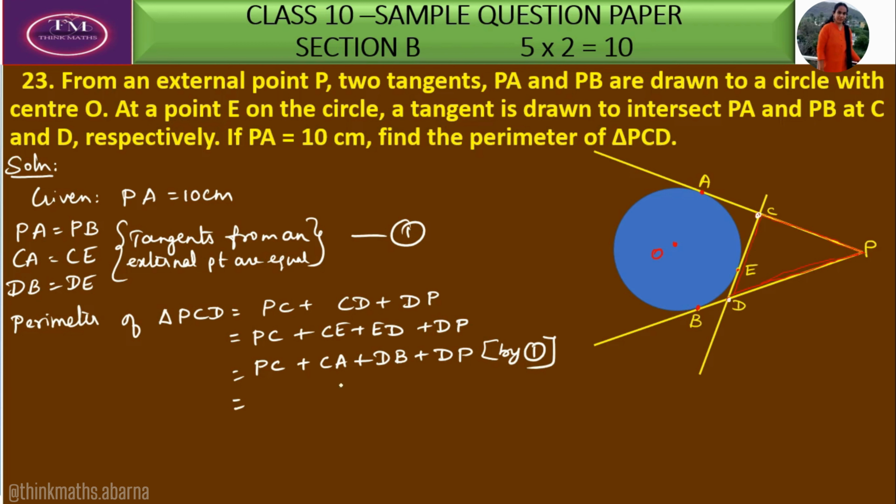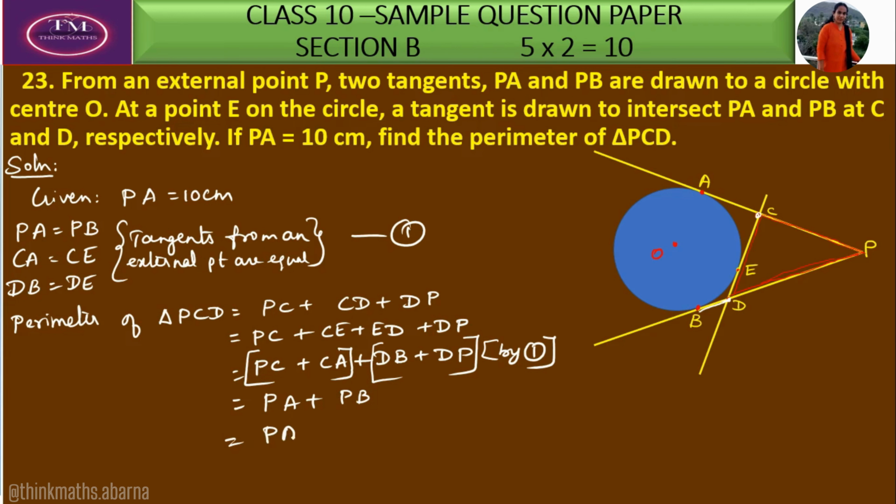So you have to write the reasons properly. Now we have PC plus CA. What is PC plus CA? If we club PC and CA, you will get PA. In the same way, DB plus DP is nothing but PB. If we club the DB line and DP line, it is equal to the PB line.